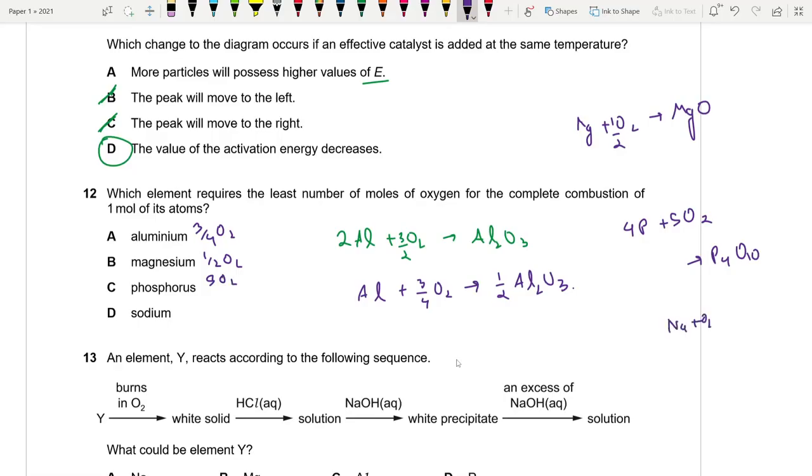Sodium: Na plus O2 is equal to, probably this is going to be it, Na2O, right? So we need half. So for 1 mole of sodium, it's going to be 1 by 4 O2, half Na2O. Okay, so for this we need 1 by 4 O2. So the least one is in D, 12D.